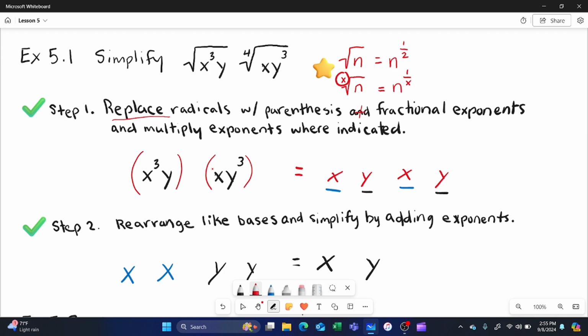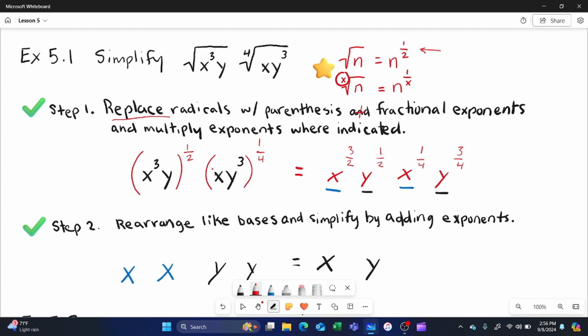If there's nothing indicated, it's automatically a square, so the fractional exponent would be the 1/2, hence the repeating of this rule up here. And this one's the 4th root, so it will be raised to the power of 1/4. We're going to end up with x to 3 over 2 times y to 1 over 2 with x to 1 over 4 times y to 3 over 4.